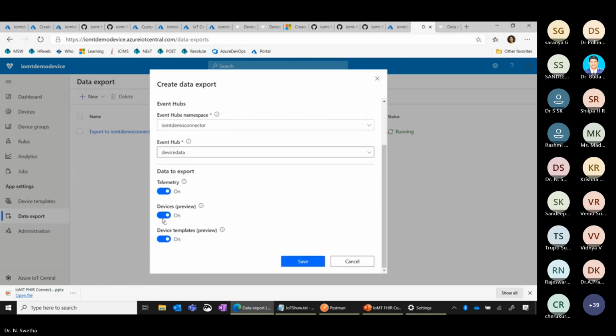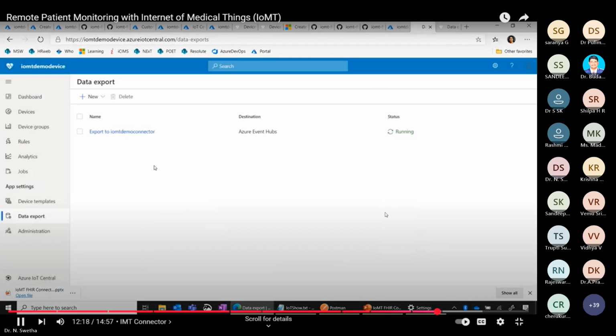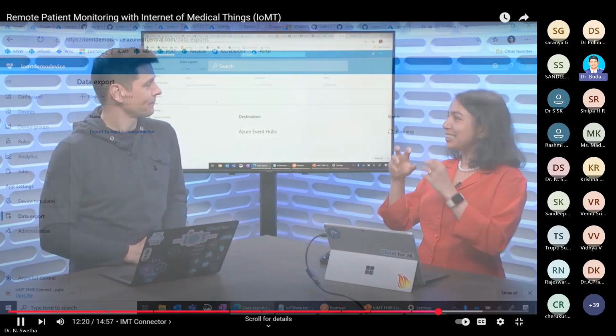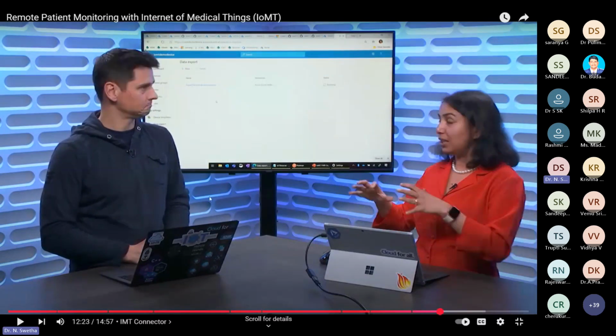Data, and then only save. So you're exporting it. So you can see the overall flow now.